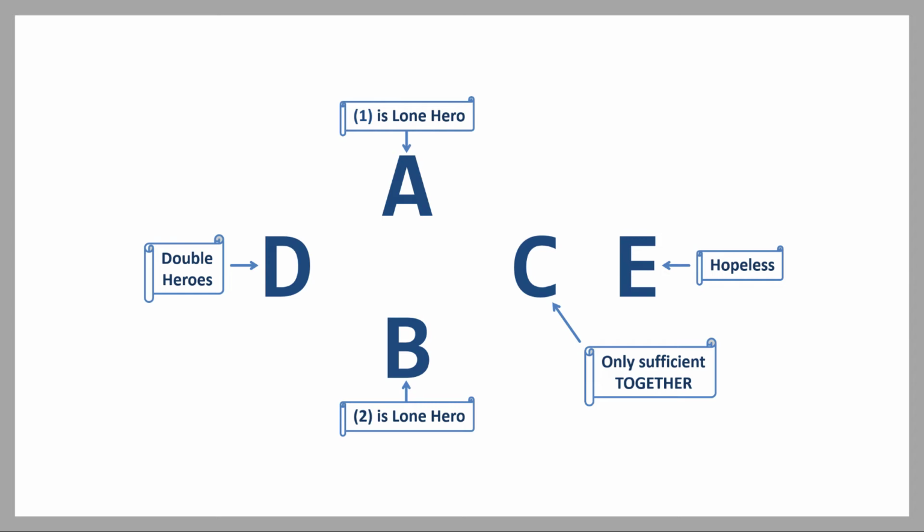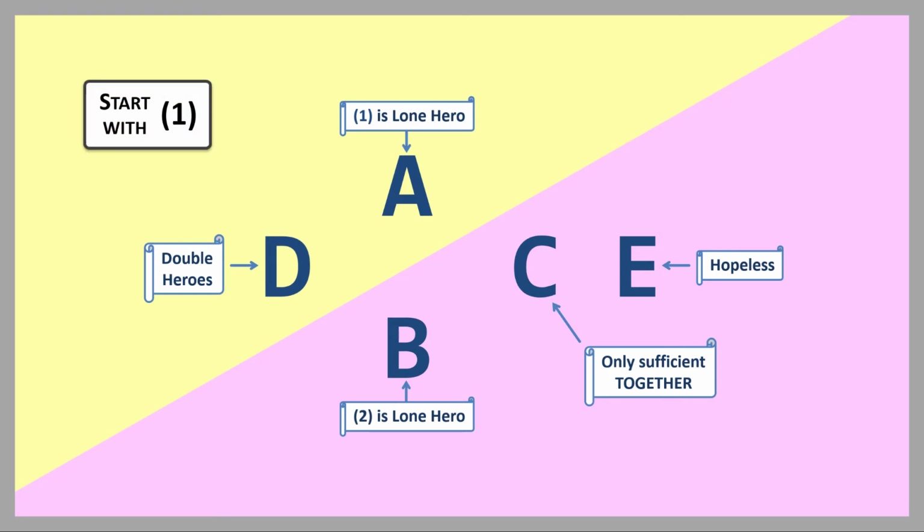A says 1 is the lone hero, so when we focus on statement 1, A sides with D. This means that if we're solving a problem and we decide to start with statement 1, the first choice we face will be DA versus BCE. If 1 is a hero, we cancel BCE. On the other hand, if 1 is not a hero, we cancel DA.